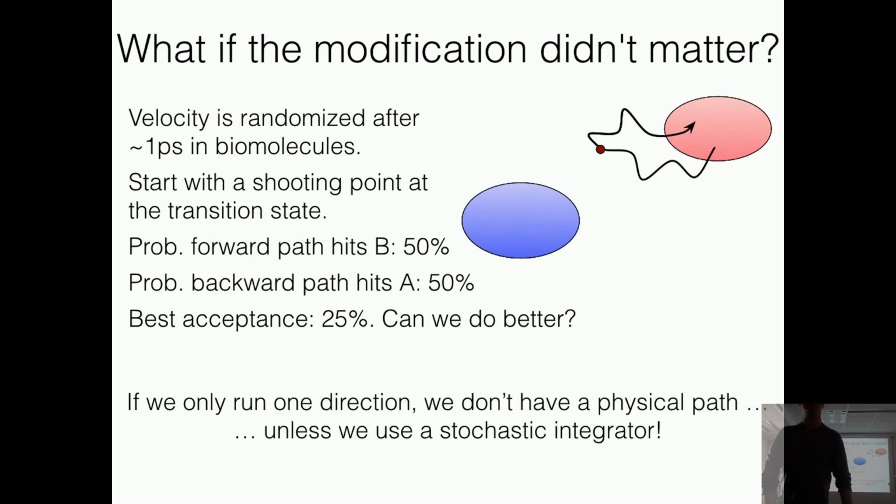However, if I use a stochastic integrator, let's say like a Langevin integrator, something that uses randomness as part of the integration process, then I can shoot in only one direction because that's still a physical trajectory. I make no change at all at the shooting point. The change I made at the shooting point is that I have a different random number in my random number generator. And so that is something I can allow.